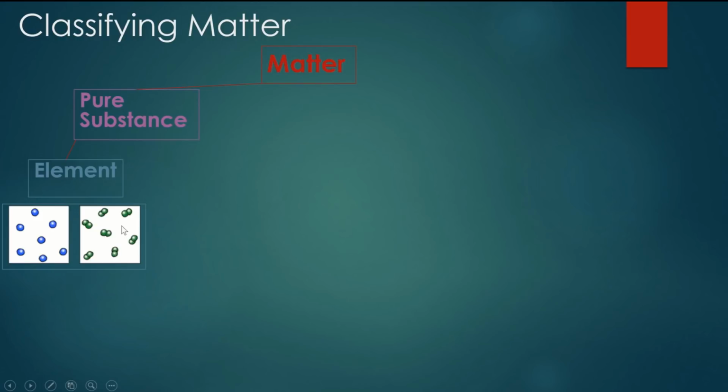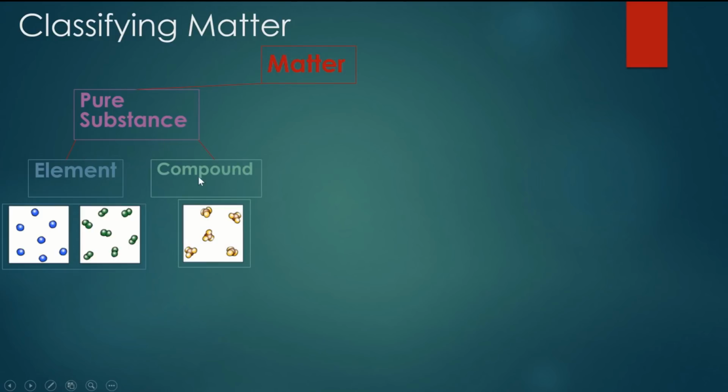Over here, even though they're in a compound, it's still an element because all you see is the same atom. The fact that they're in pairs, 2 per group, I would think probably suggests we have a diatomic, like oxygen or nitrogen or hydrogen. But either way, all we have is just that element, so this is an elemental substance.